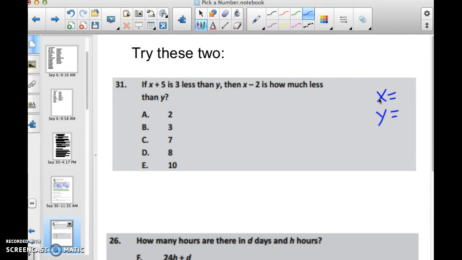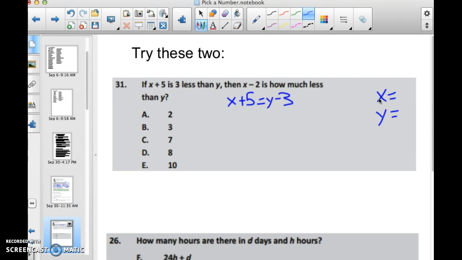All that means is like x plus 5 equals 3 less than y. If I write that out as an equation, x plus 5 equals, 3 less than means, y minus 3. If you notice this, because of that equal sign and because one variable, x, is on one side and the other variable, y, is on the other, they're dependent on each other, or they're in relationship with each other, meaning that if x was a certain number, then y would be a different number, because you would solve for it.